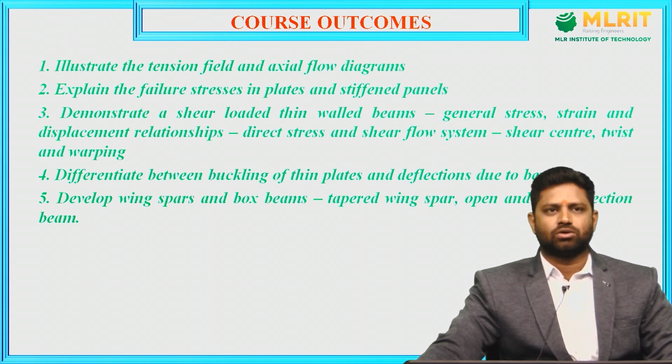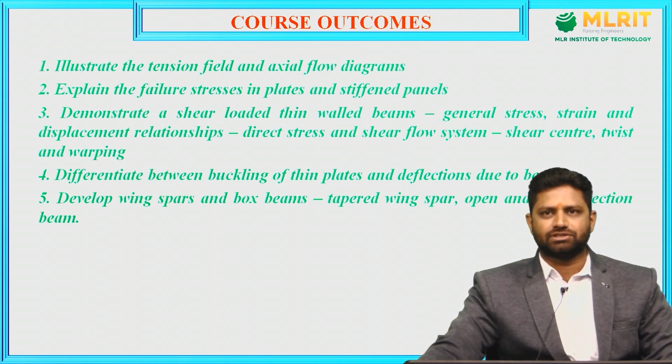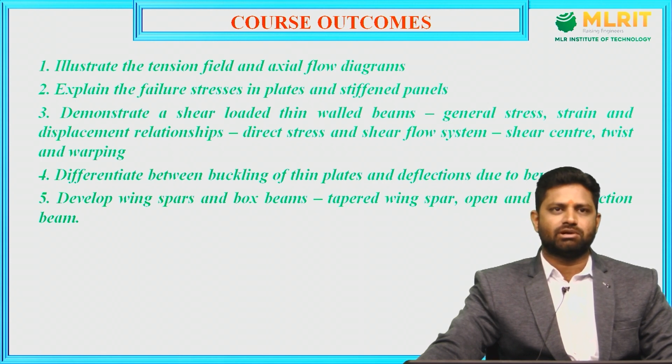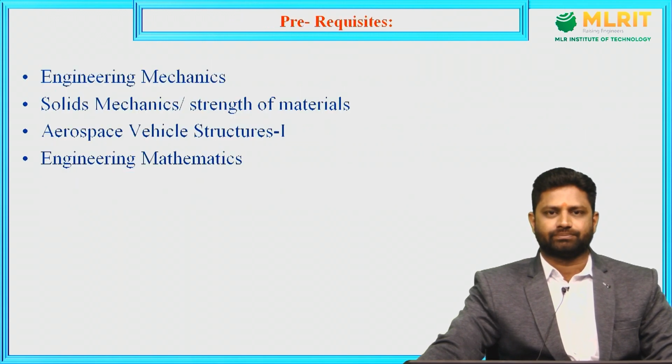The next outcome is to differentiate between the buckling of thin plates and the deflections due to bending. The last outcome is that the students are able to develop wing spars and box beams, probably tapered wing spar, open and closed section beams. These are the course outcomes which the students should attain at the end of this particular subject.